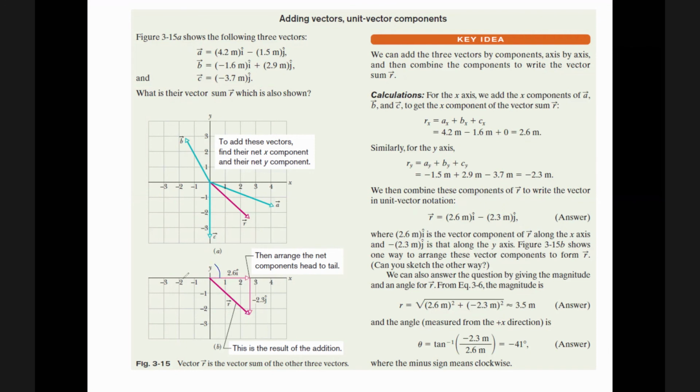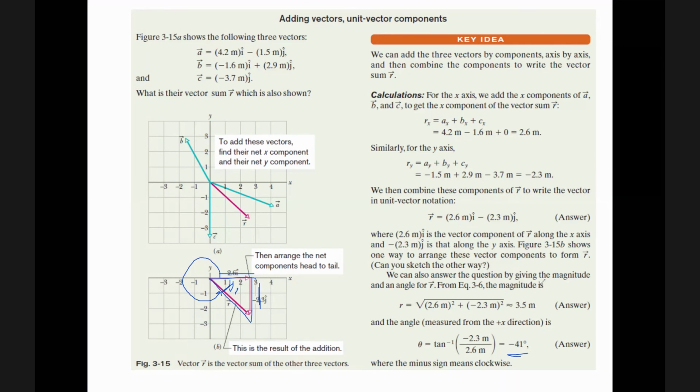Either you tell me this whole angle relative to the positive x, which is 300 something, or you tell me this angle, which is negative because if you select the angle in the clockwise direction, it should be negative. To make life easy, we select this small angle. I know it's negative, but can I find its magnitude? Yeah. Theta is tan inverse of opposite divided by adjacent. Opposite is 2.3, adjacent 2.6. So it's minus 41.